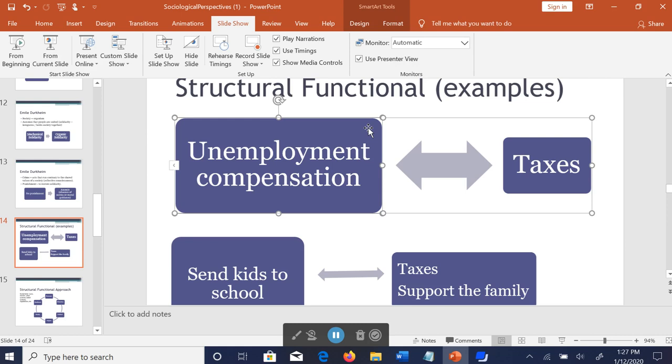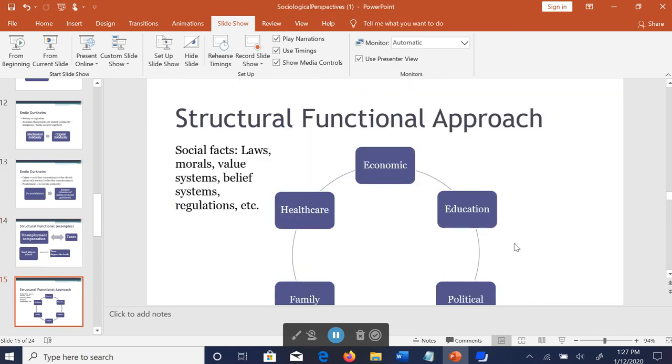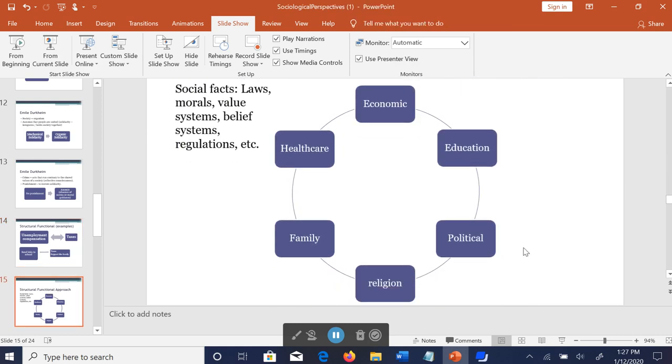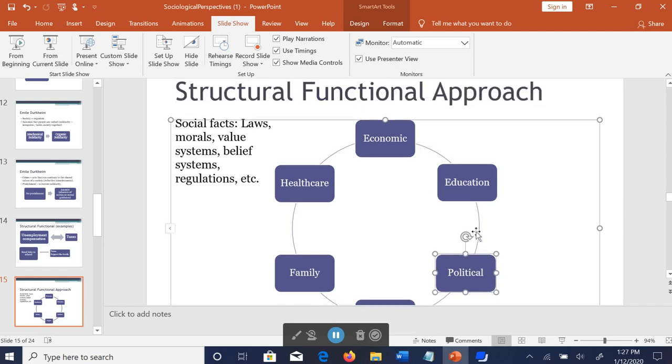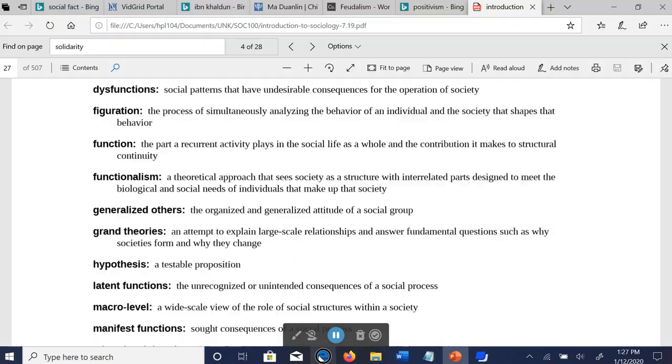Unemployment insurance for 6 months or so. And this unemployment insurance is funded by the government, and is paid in by the corporations, the businesses, the factories. So these two are also interconnected. This is what we mean by the functionalism theory. Are we clear?